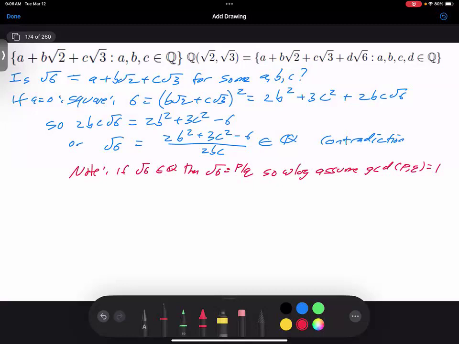Everybody agree that I can always assume P and Q have no common factor? So now, if I square, I would get 6 is equal to P squared over Q squared, or 6Q squared equals P squared.